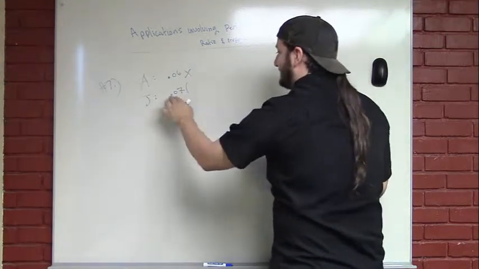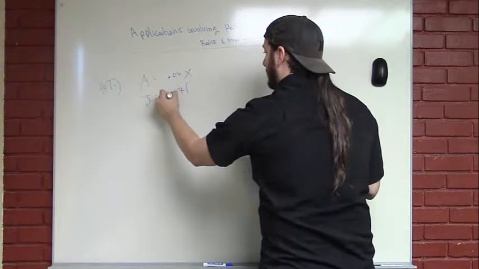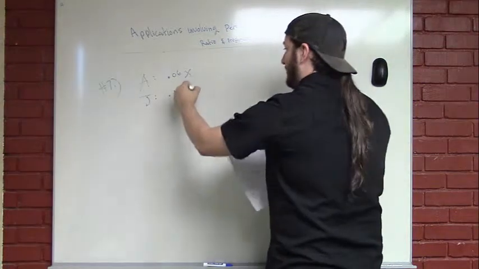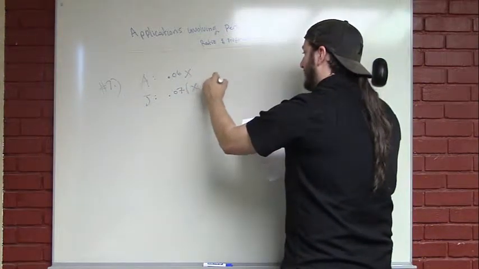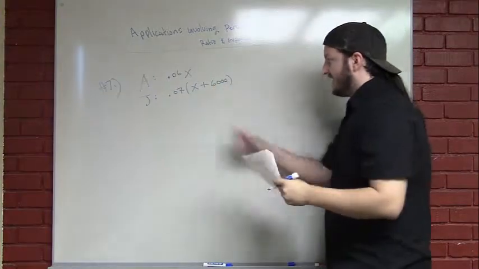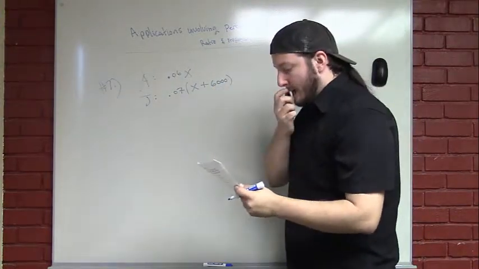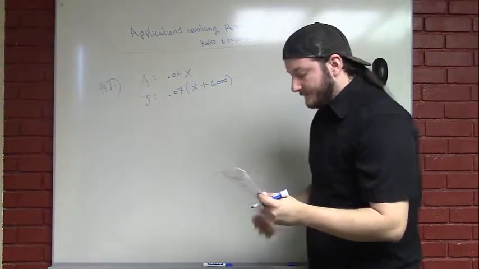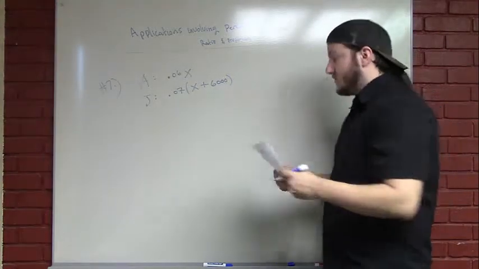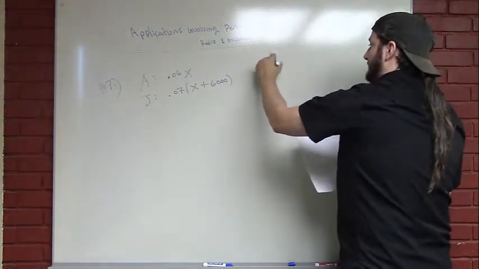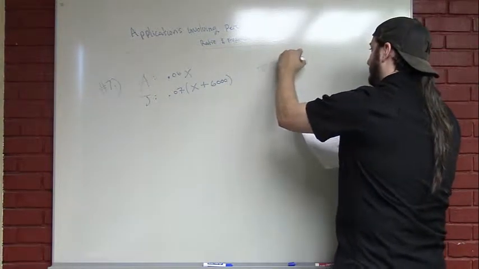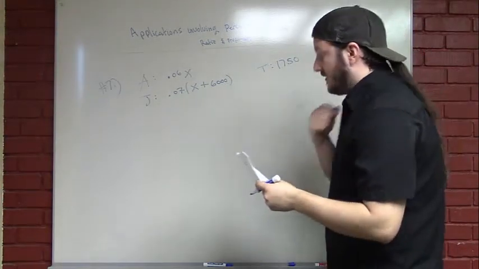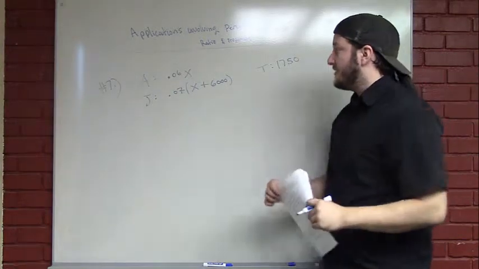So you're going to multiply that 7% interest by however much she invested plus an additional $6,000. And the total, let's call that T for total, earned $1,750. So we got all of our information.